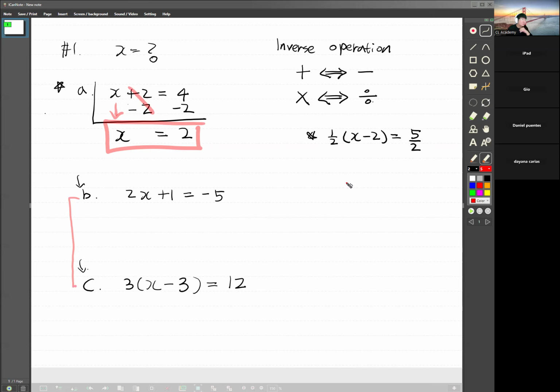Okay, let's do B together, and then I will give you time for C. B, again, we need to isolate the x term. In order to do that, eliminate plus 1. How do we eliminate it? Inverse operation. Plus is inverse of minus, so I'm going to subtract 1 from both sides.